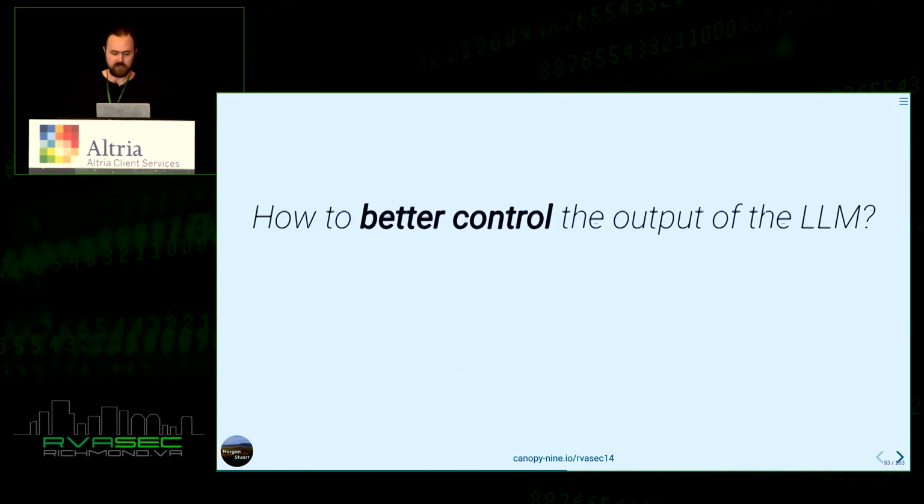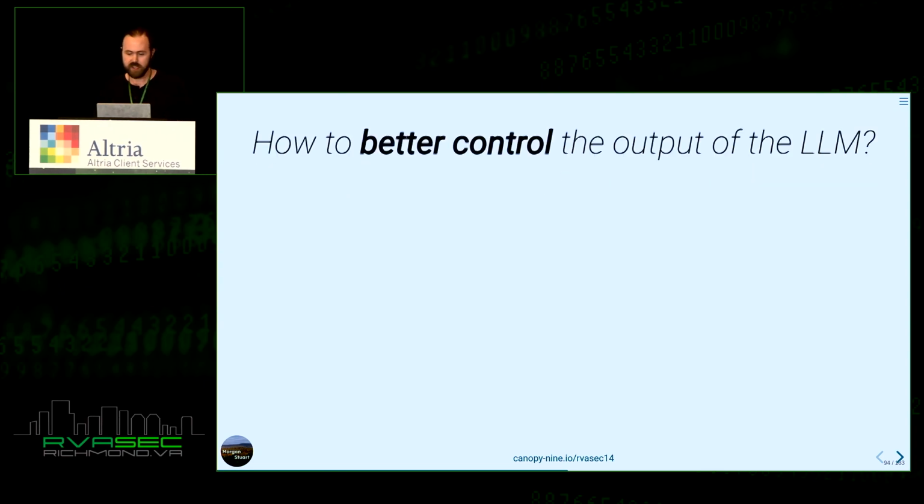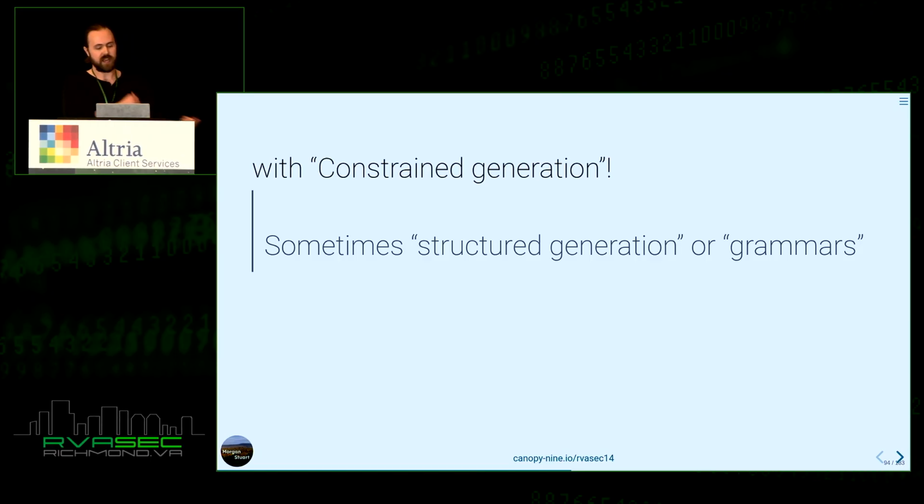Okay, so that was cool, but how can we better control the output of the LLM? Because sometimes it just outputs garbage. So we can do that with what's called constrained generation. This is sometimes called structured generation or grammar. So if you see people talking about grammars and things like that in LLMs, they're probably talking about constrained or structured generation. The data science community really hasn't landed on a term yet, since there's a lot of competing approaches to constrained generation.